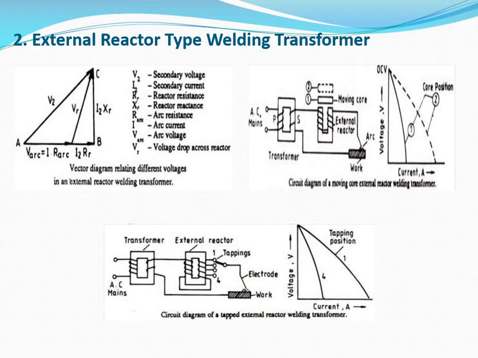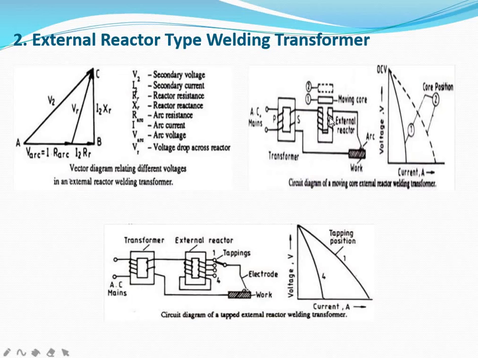The inductive reactance and resistances of the windings in such type of welding transformers are low, so that its secondary voltage varies but a little with the welding current. The required drooping or negative volt ampere characteristic is ensured by the reactor placed in the secondary of the welding circuit.